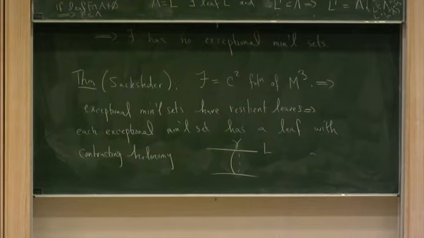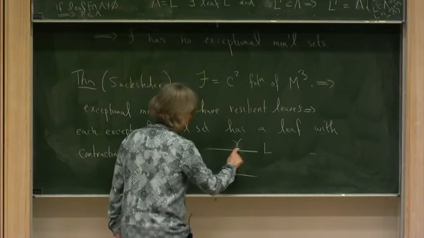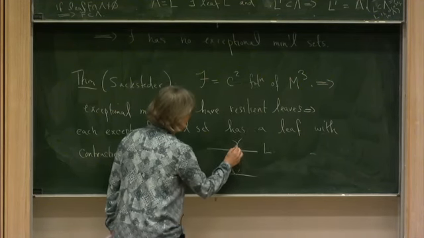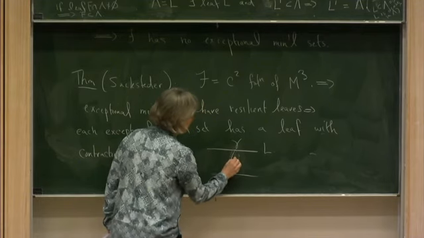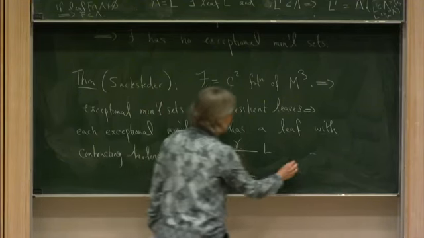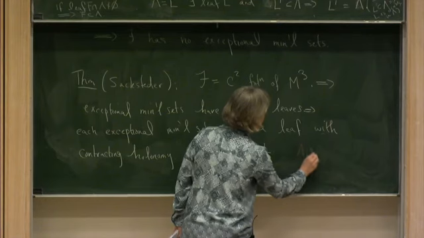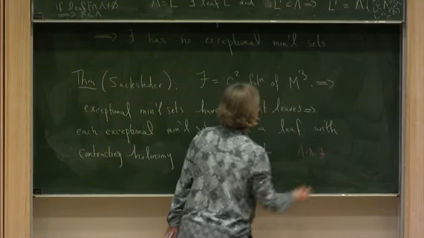We're then going to choose a little vertical annulus with core gamma. Locally we just have little foliation charts, so it makes sense to find an annulus, let's call it A, and A is everywhere transverse to F.